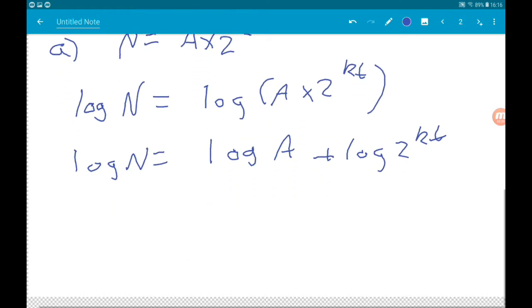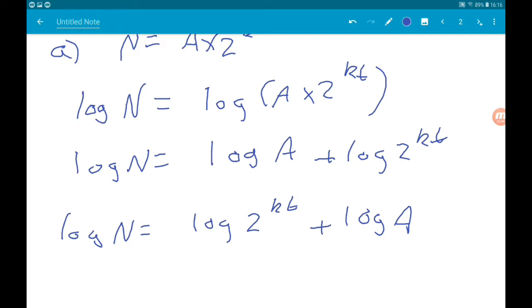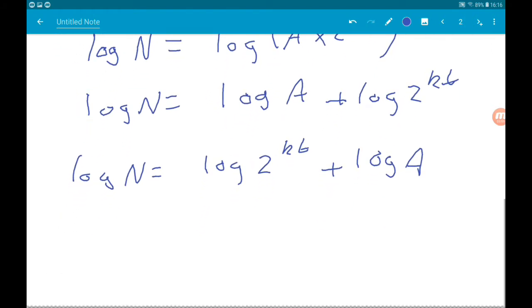Okay, now we're going to write that in a different order on the right. So I'm going to write it as log of 2 to the kt add log a. Now, also by the rules of logs, by the power rule, we can write log of 2 to the kt as kt log 2.